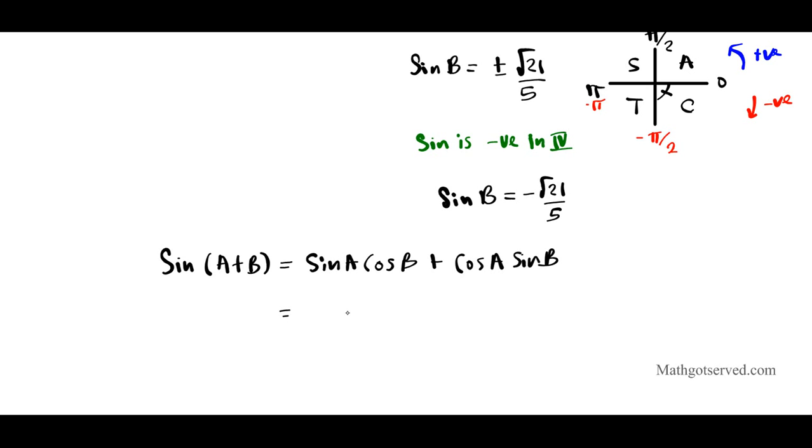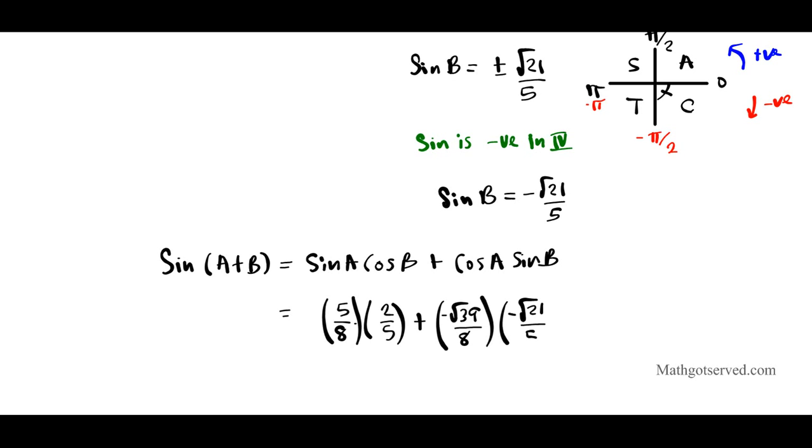Sine A is 5 over 8, so we have 5 over 8 times cosine B, which is 2 over 5, plus cosine A, which we found earlier is negative root 39 over 8, and sine B is negative root 21 over 5.